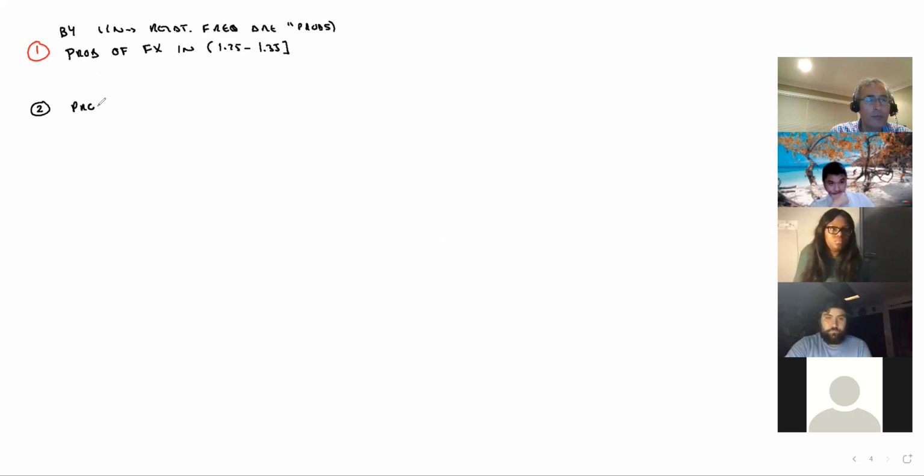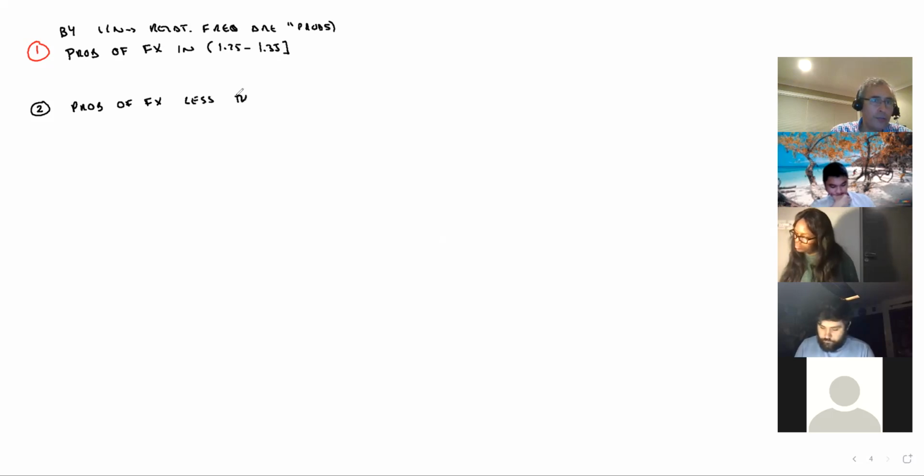What is the probability of FX less than 1.3 inclusive?